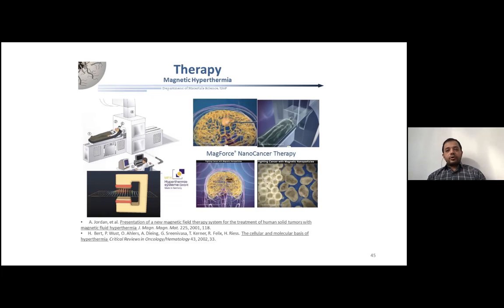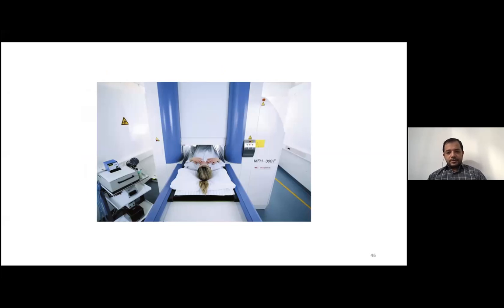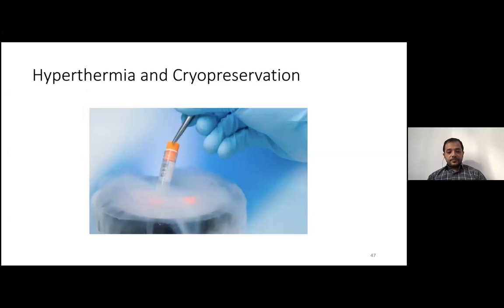So when you look in the literature, most of the work is done with smaller animals, right? This is a picture of their machine, and that's how a patient lies underneath. Some sort of magnetic material is injected into the patient, and then the alternating magnetic field will cause the magnetic material to heat up, right?